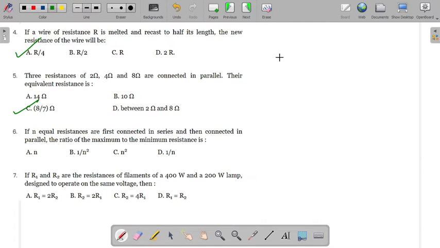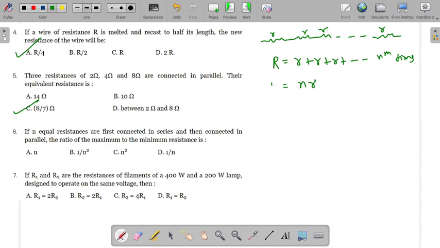Okay, so if we have connected n resistances in series, and suppose each resistance is R, then the total resistance is capital R equals R plus R plus R till nth times. We have to add it nth times, which means it will be n into R. So this will be the value of RS, the value of series combination.